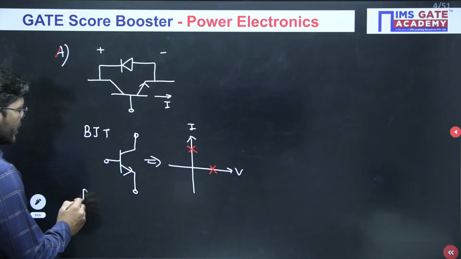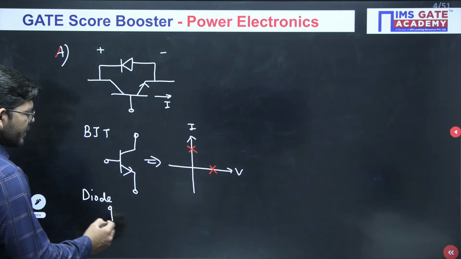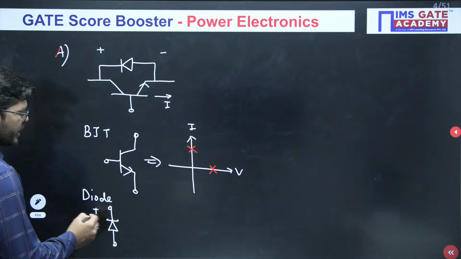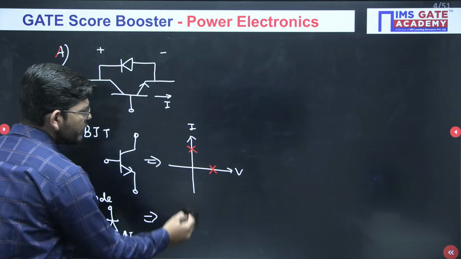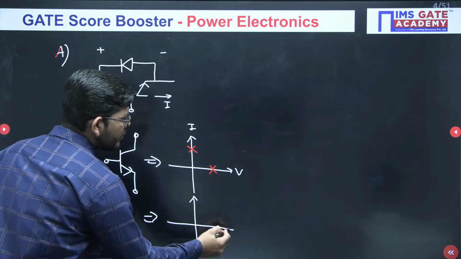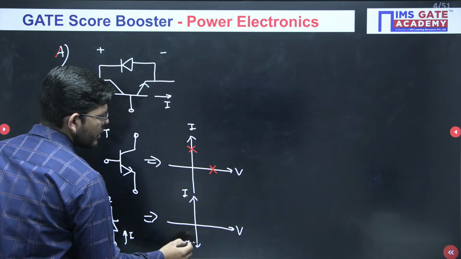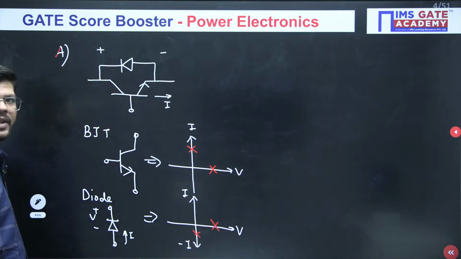Now for the diode. We have connected the diode in this manner. And this is how it will be handling the voltage and current, if it flows in this direction. So what will be the switch realization of this kind of diode? It will block positive voltage, but it will carry current in the negative direction.